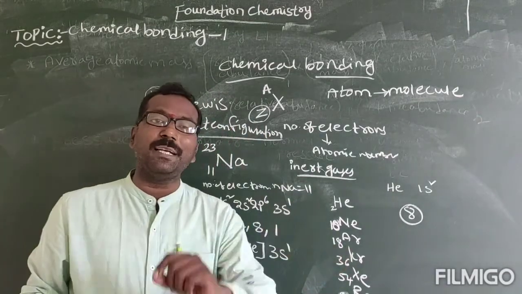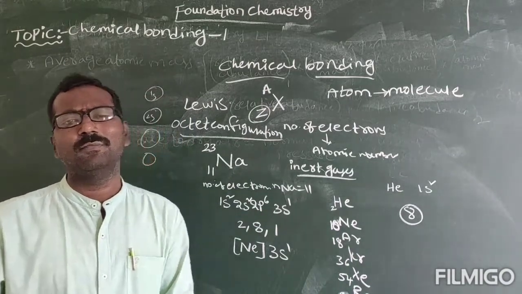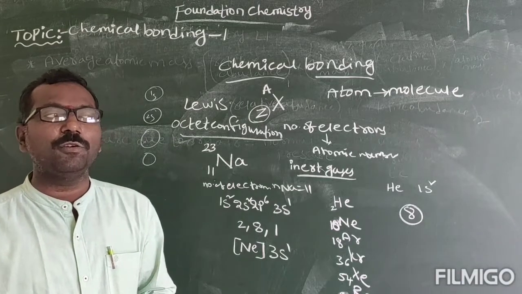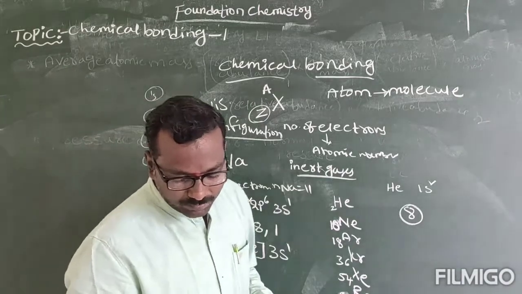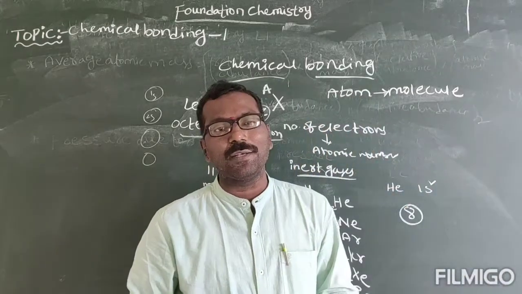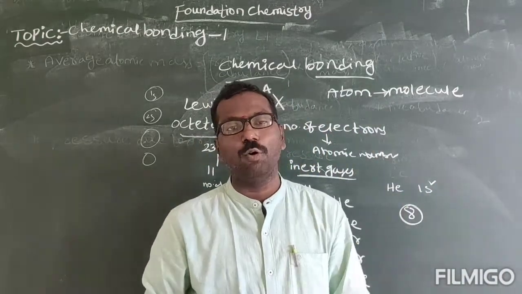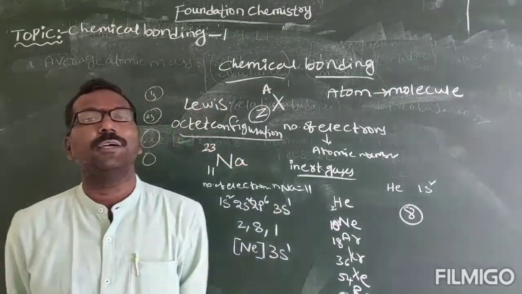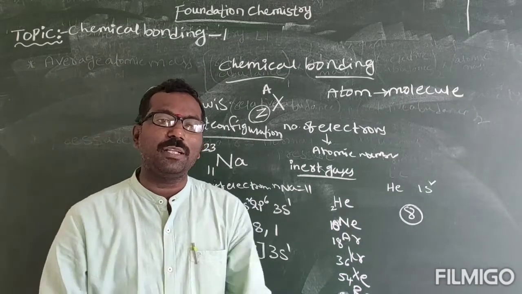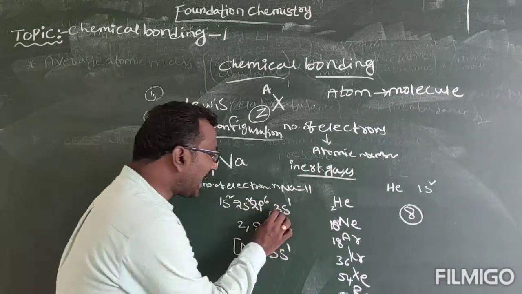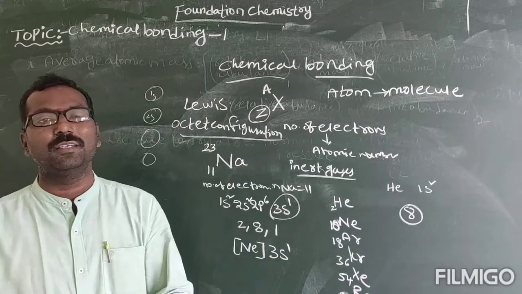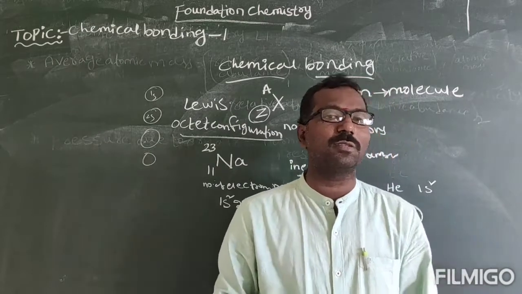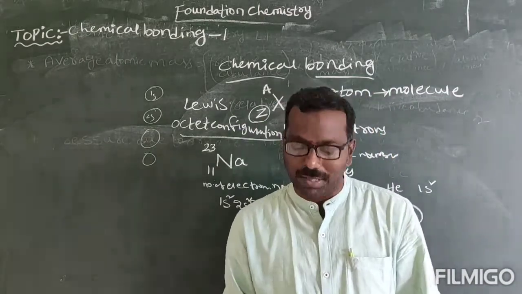To attain stability, any atom will try to form a bond. The attractive force that holds two constituents, that is atoms or ions, together, we call a chemical bond. During this, only electrons are being transferred, so the redistribution of electrons is also considered a chemical bond.